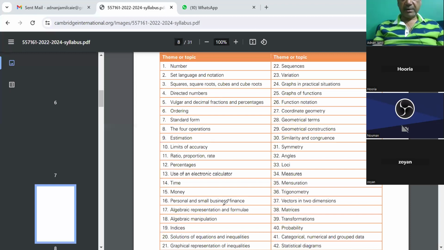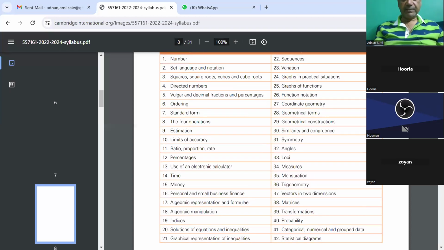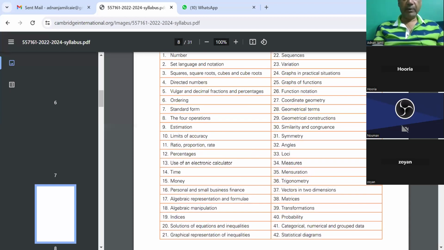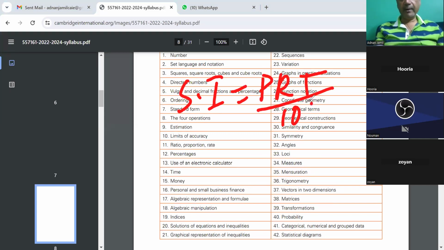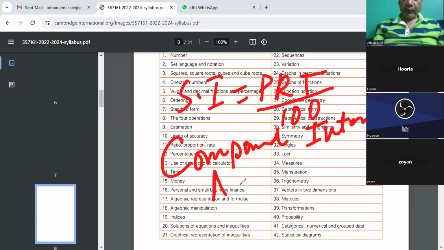Okay, in business, finance and transactions, remember the simple interest formula and compound interest formula. So simple interest is really a simple formula, that is PRT upon 100. And for compound interest, remember a very important point, that compound interest actually is a formula for its amount.